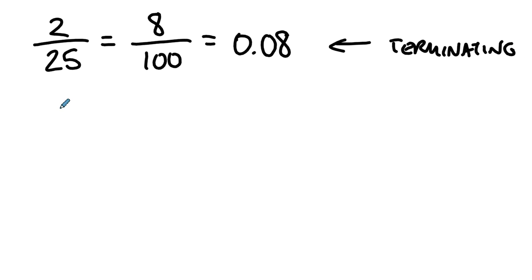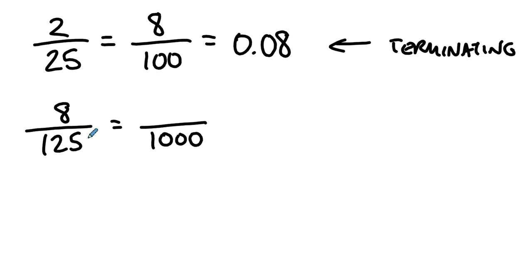And this fraction, 8 over 125, let's see, multiply by 8, that's 64 over 1,000, that's 64 thousandths, right? Tenths, hundredths, thousandths, 64 thousandths.